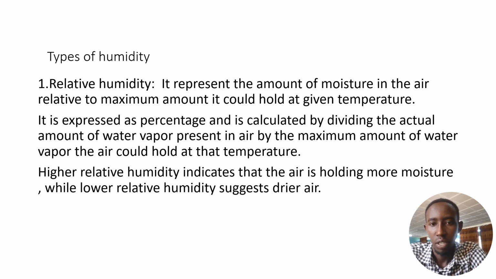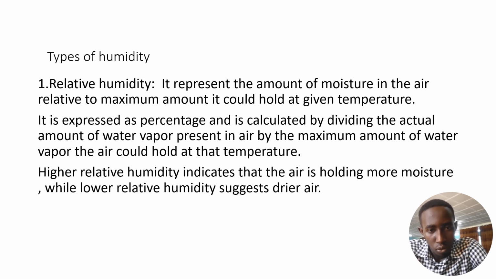We can calculate relative humidity by dividing the actual mass of water vapor present in the air by the maximum amount of water vapor the air could hold at that temperature. That is how we calculate relative humidity. Let me repeat it. We divide the actual mass of water vapor present in air by the maximum amount of water vapor the air could hold at that temperature. I think you understand.